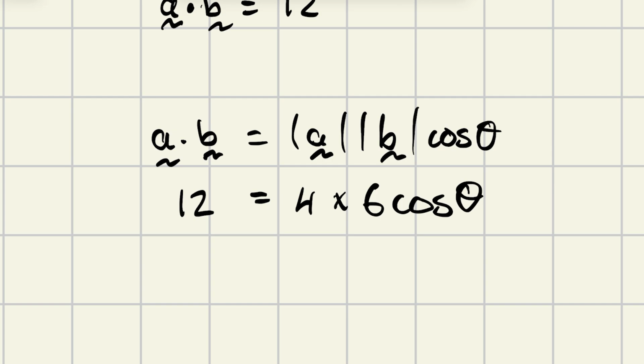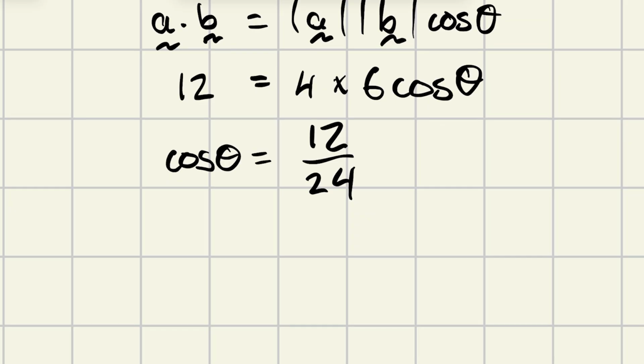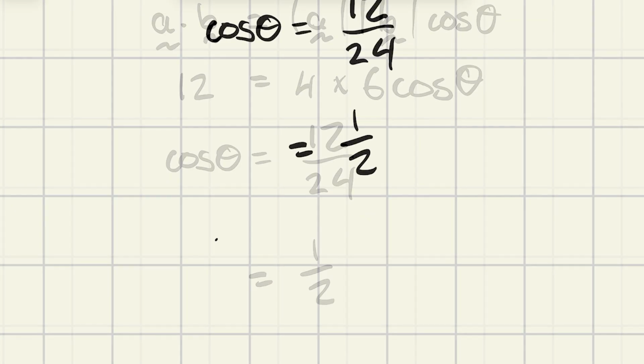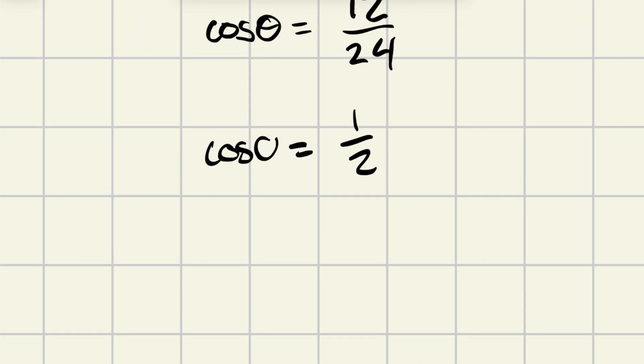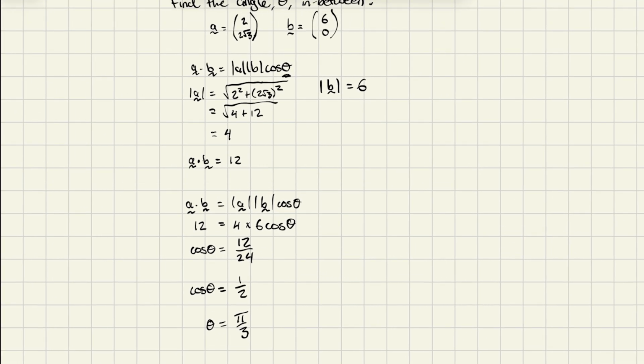And if we rearrange to make cos theta the subject, 4 times 6 is 24, so this will be 12 divided by 24. Simplify this down, you get a half. So we have cos theta equals a half. Now, that means theta has to be pi on 3. And that's the answer to that question.